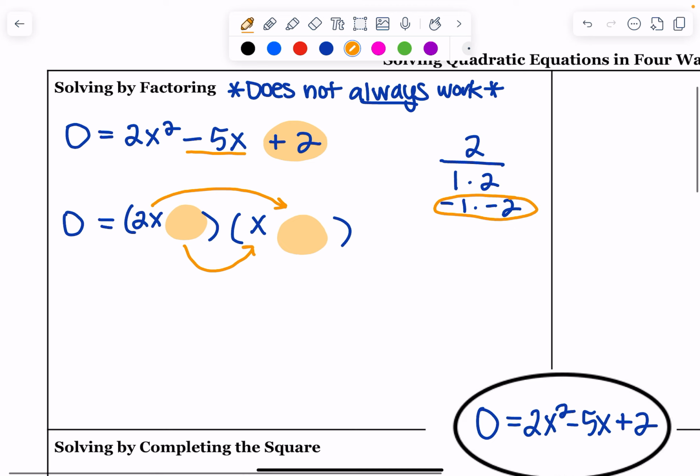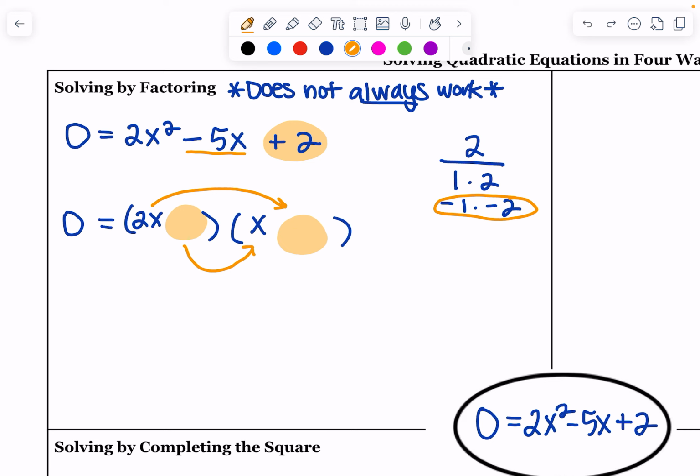We just need to decide which of these two highlights is going to be the negative 1 and which is going to be the negative 2. If I choose negative 2 here and negative 1 here, this top loop is going to be negative 2x and the bottom loop is going to be negative 2x, which combines to negative 4x, and we want negative 5x, so we know that's wrong.